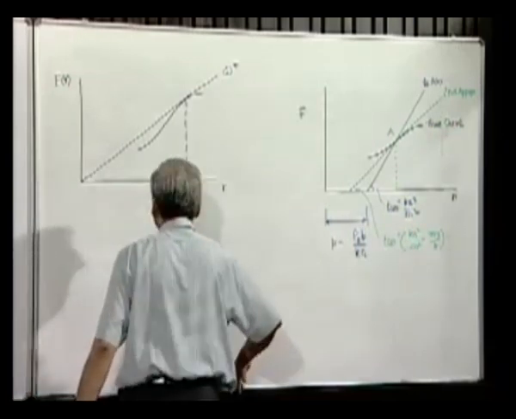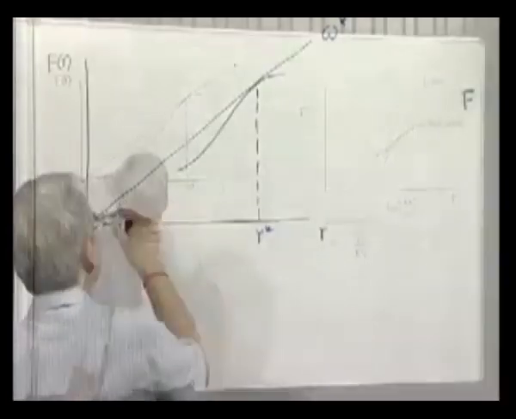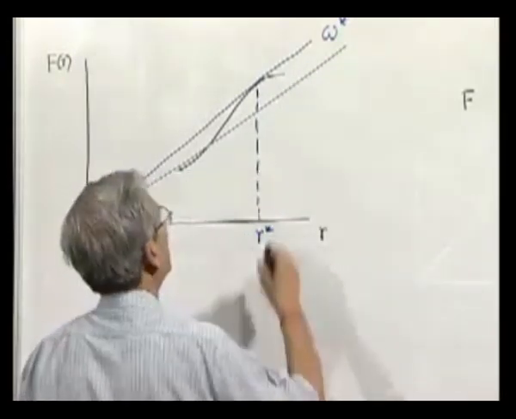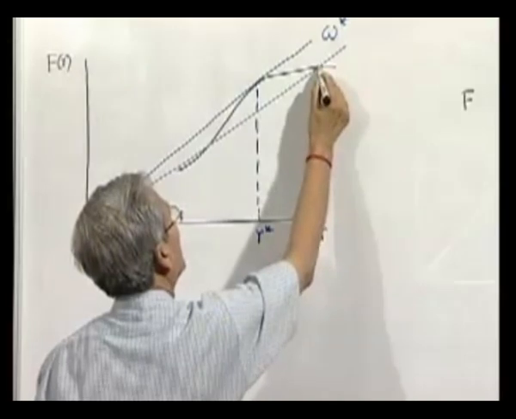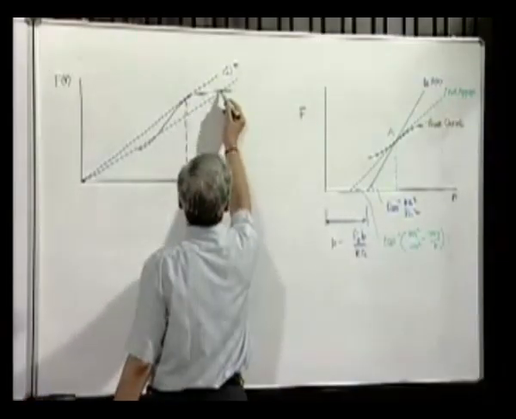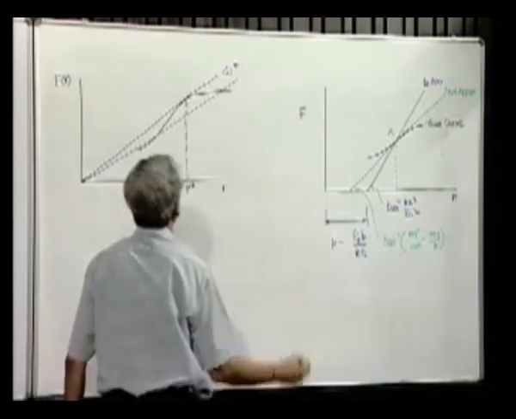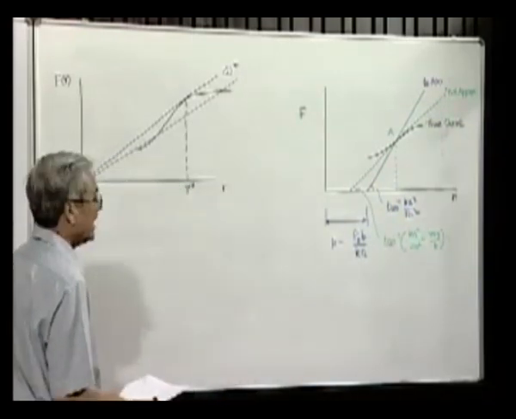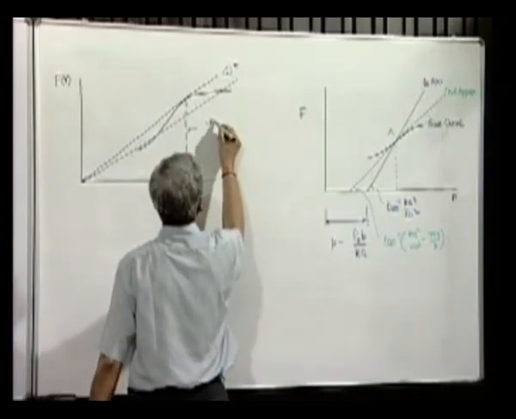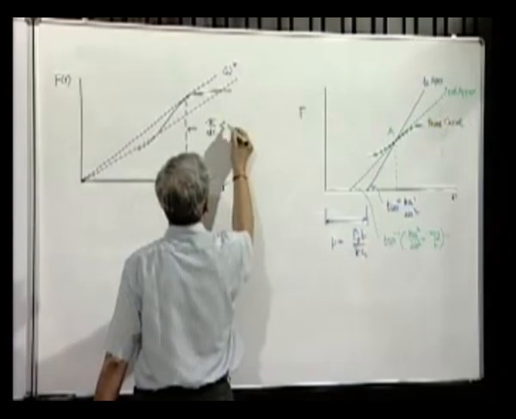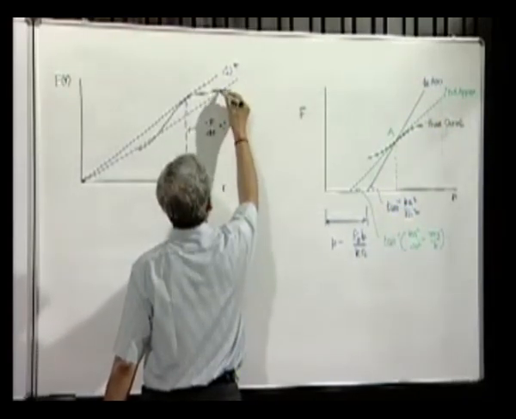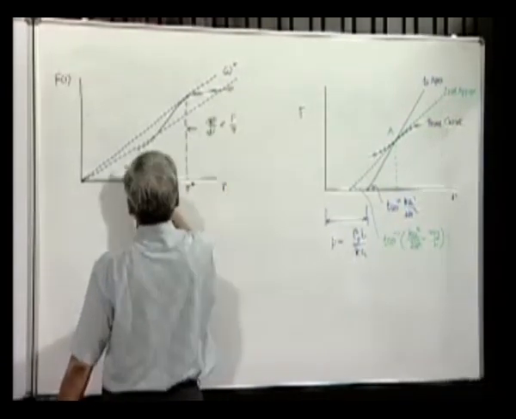Now I hope you remember that if we take a speed something like this, then the equilibrium is given by this. Now here it is obvious from this nature that dF/dR in this region is less than F/R, because dF/dR is this slope and F/R is this slope.